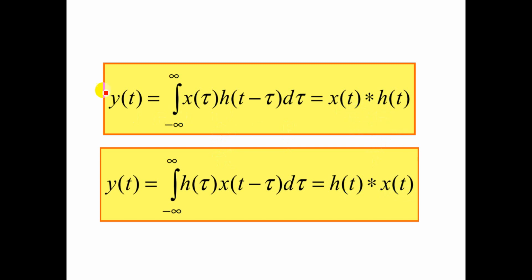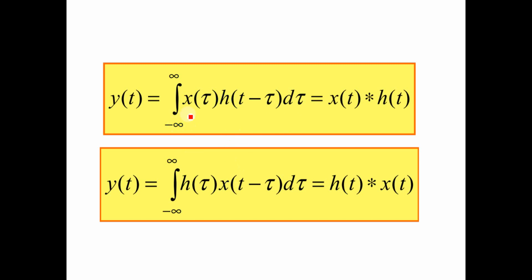So let's suppose my y of t is the integration from minus infinity to infinity of x of tau, it's not t, it's tau, another variable, and h of t minus tau d tau. So my convolution integral is integrating with respect to tau, not t. Similarly, if I swap h and x, then instead of x I will have h, or instead of h I will have x.